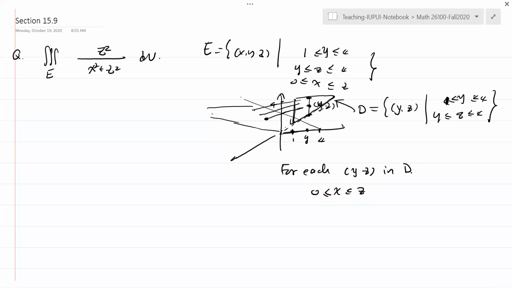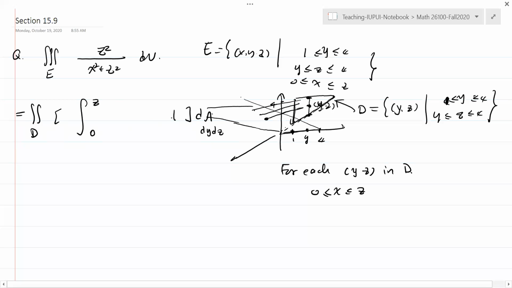You can view it as a graph over D, the function of the graph being f of y, z equals z. So you can use it like a double integral, with dA equal to dy dz, and for each point y, z, your x value will be between 0 and z, so dx.